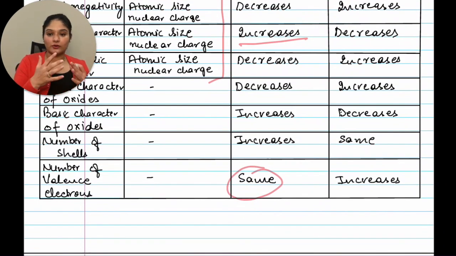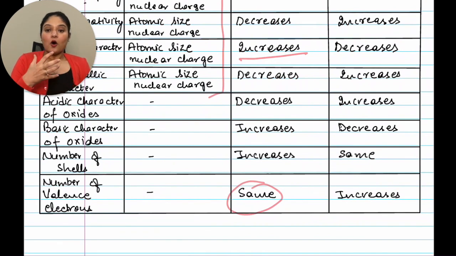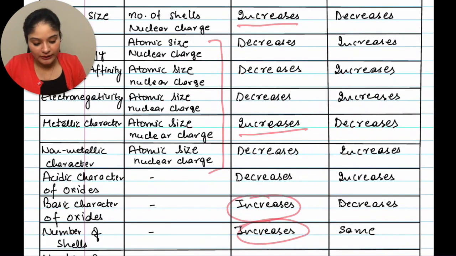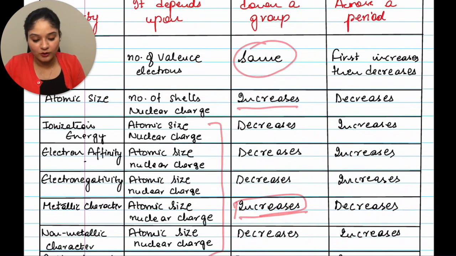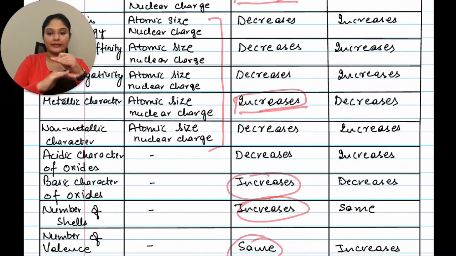And I hope you remember this much, that when you have metallic character, oxides of metals are basic in nature. So as the metallic character will increase, the basic character of the oxides will also increase. So that will also increase, and number of shells increase. If you take a look at the entire thing coming down the group, you only have 4 things increasing, which are interdependent.